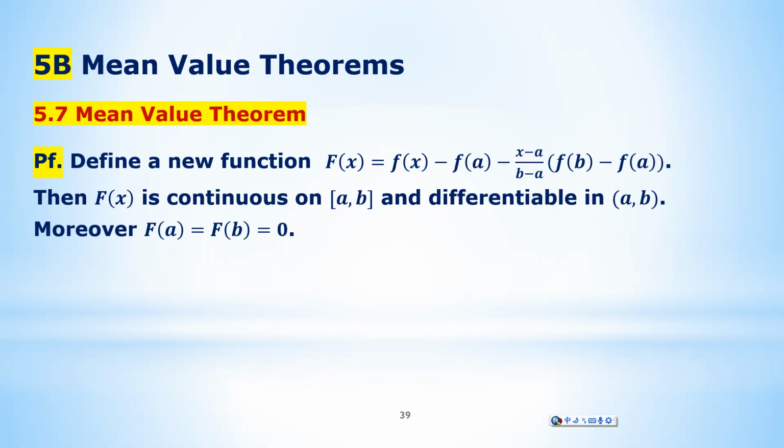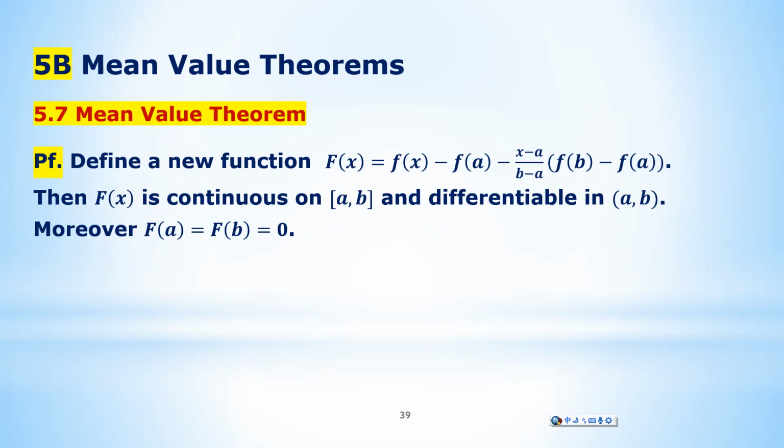The same thing holds for F(b). If you plug in x by b, then the first part on the right side is f(b) minus f(a). In the second part, replacing x by b, the top becomes b minus a, which cancels with b minus a on the bottom. Then you have a negative sign in front of it.